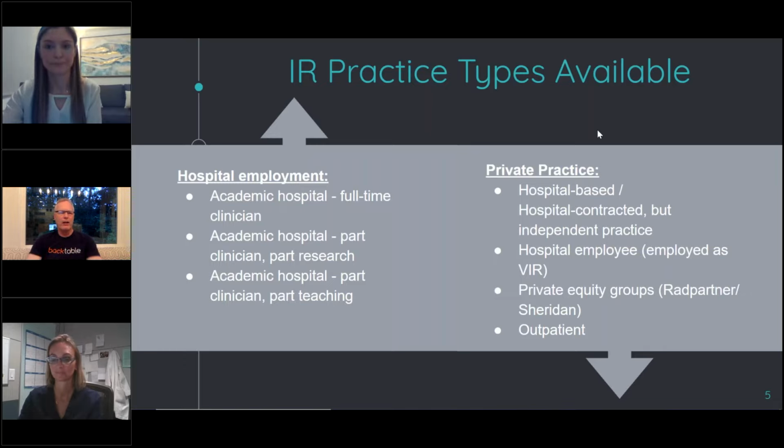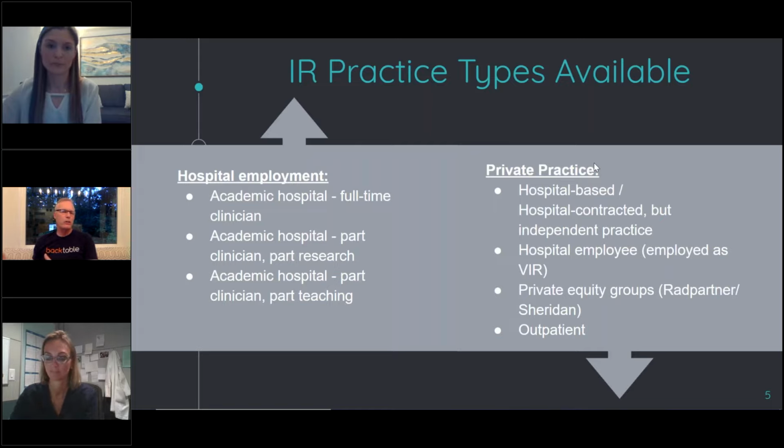Do you want to teach and do research? Is that your bend? If you want to teach residents and you're great at it, or you want to do research, then the academic track is something you're obviously going to do.